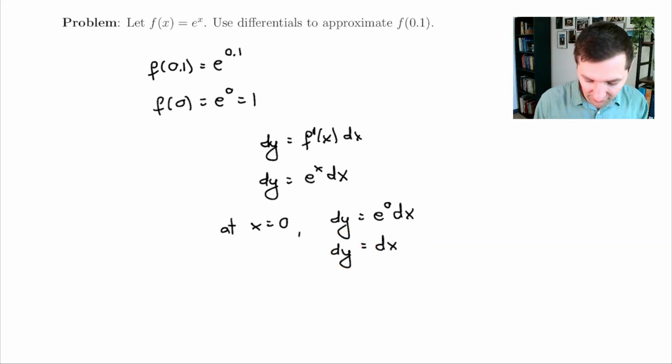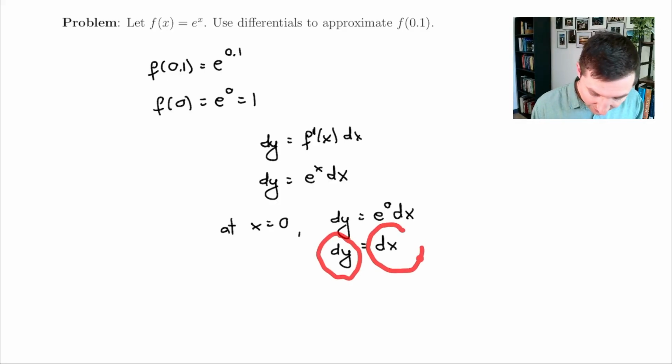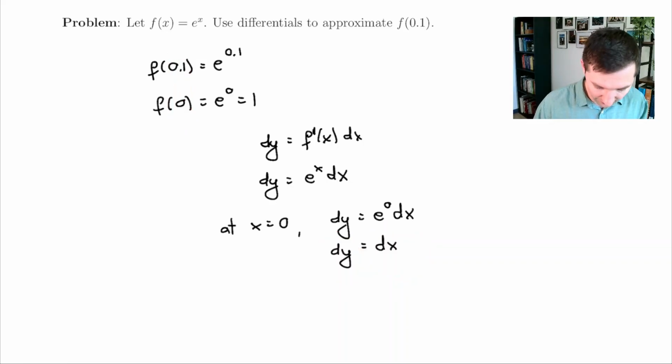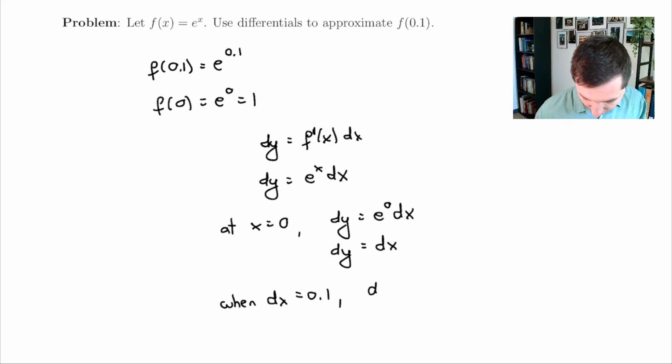We are interested in the change in the output of the function when the change in the input of the function is small. In fact, the change in the input of the function, dx, was 0.1. We changed the input from 0 to 0.1. And when dx is 0.1, according to our equation, dy is also 0.1.